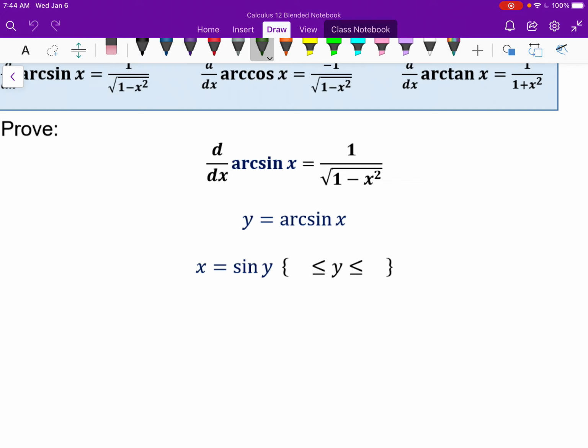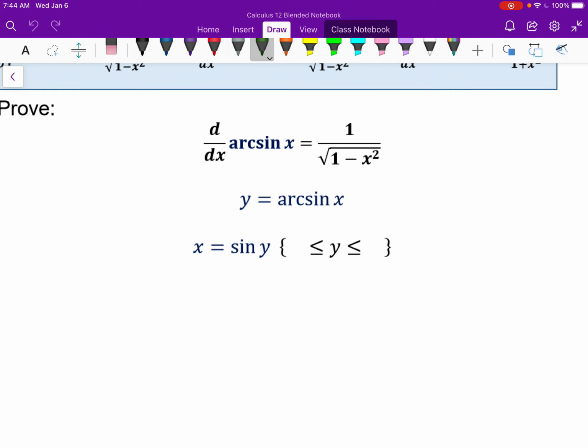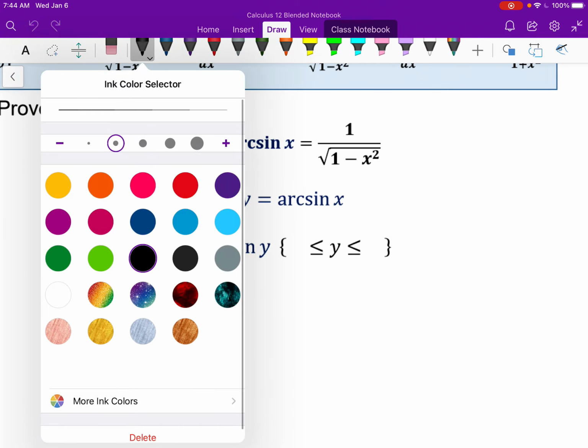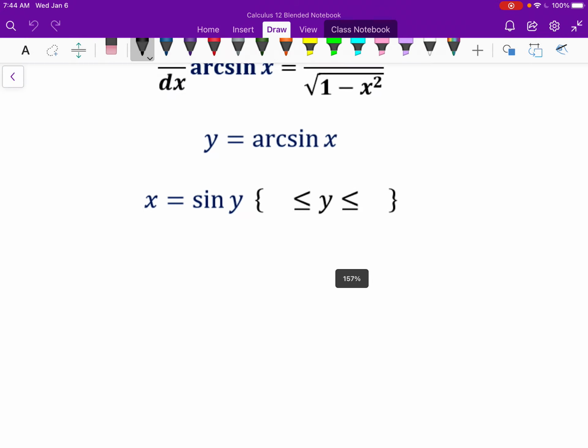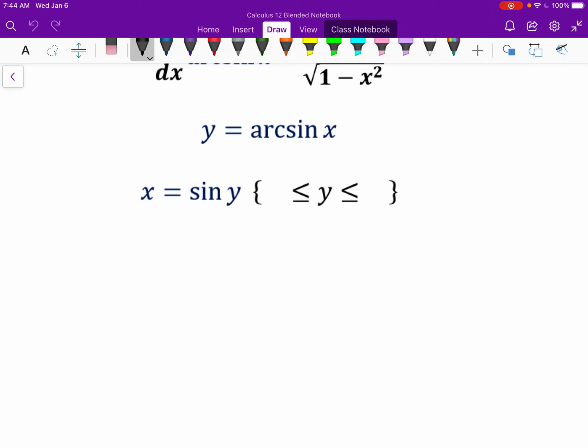But remember, arc sine is only the inverse of a region of sine when the input is between negative pi over 2 and positive pi over 2. And if I write y equals arc sine x as x equals sine of y, which are equivalent, y is the input, so this is only when y is between negative pi over 2 and positive pi over 2.